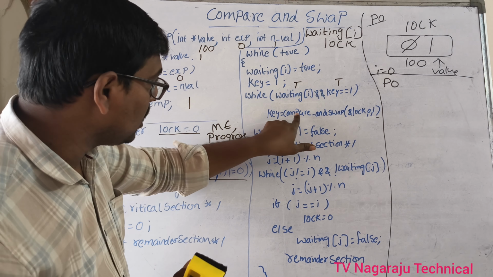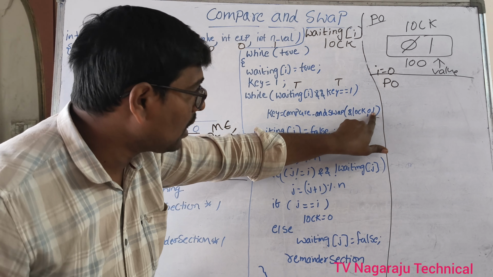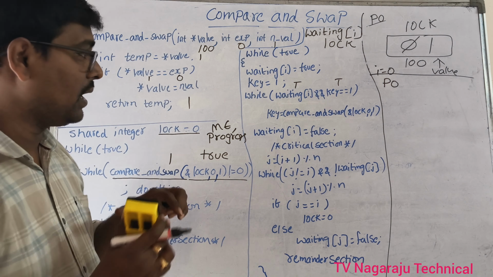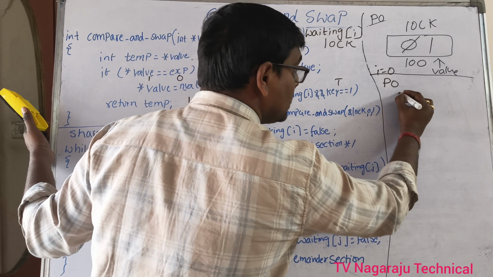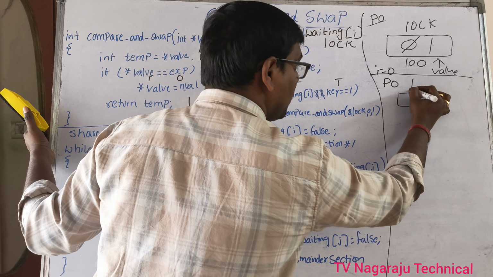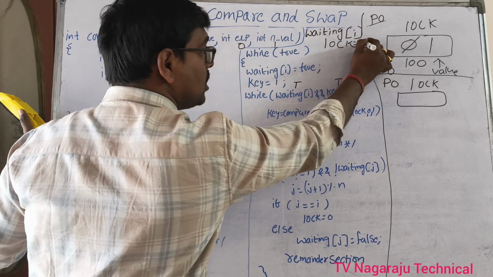Now key is equal to compare and swap, ampersand lock, comma 0, comma 1. I am calling this algorithm. Anyway, whenever this happens, we already know I am creating one lock variable. First this step happens; lock is equal to 0.